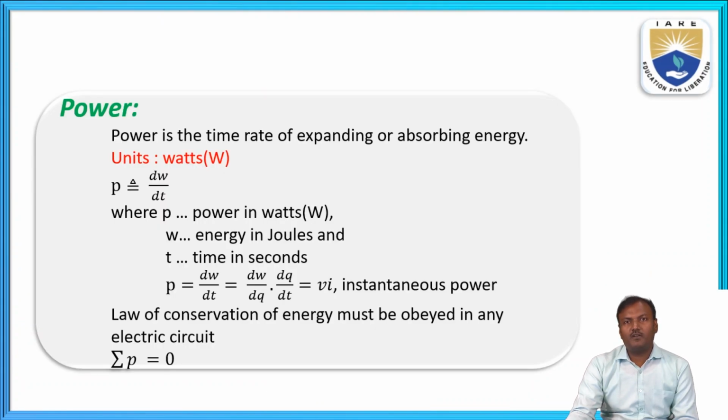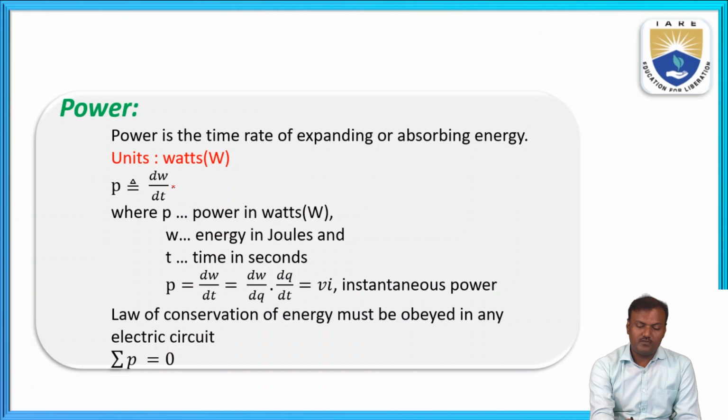Next one is power. Power is the time rate of expending or absorbing energy, and it is represented in units as watts. So the mathematical representation is P equals dW by dt, where P is power in watts, W is energy in joules, and time t is in seconds.